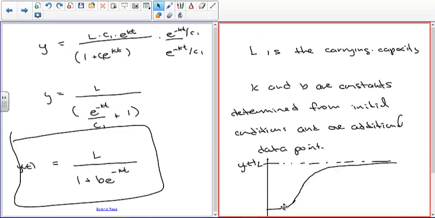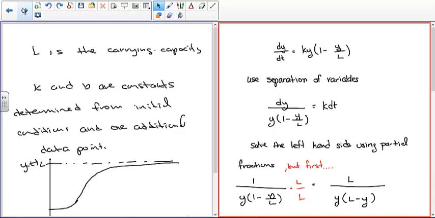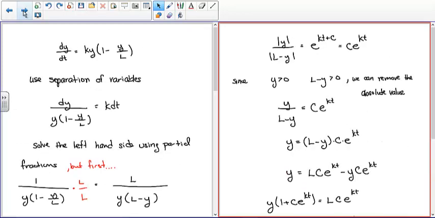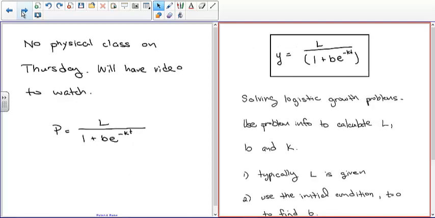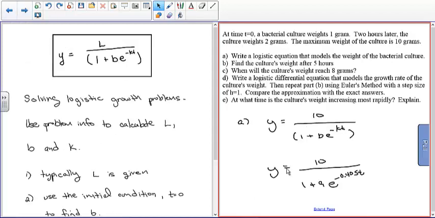So the slope's low here, and then it increases, and here's where it increases most rapidly, and then it levels off. Well, the way you would find the point where the function increases most rapidly is to find out where the slope is a maximum. So you'd have to take the derivative of this equation with respect to time, and then find the value of time where this equation has the highest slope.